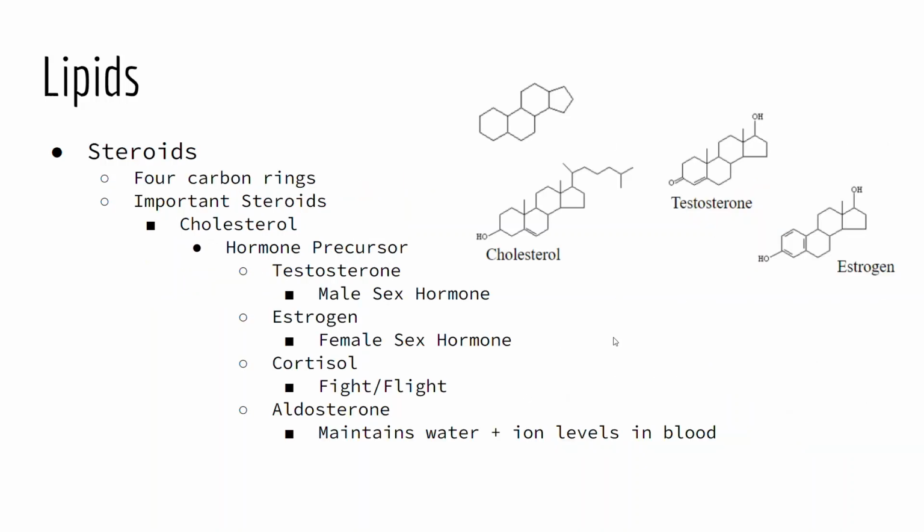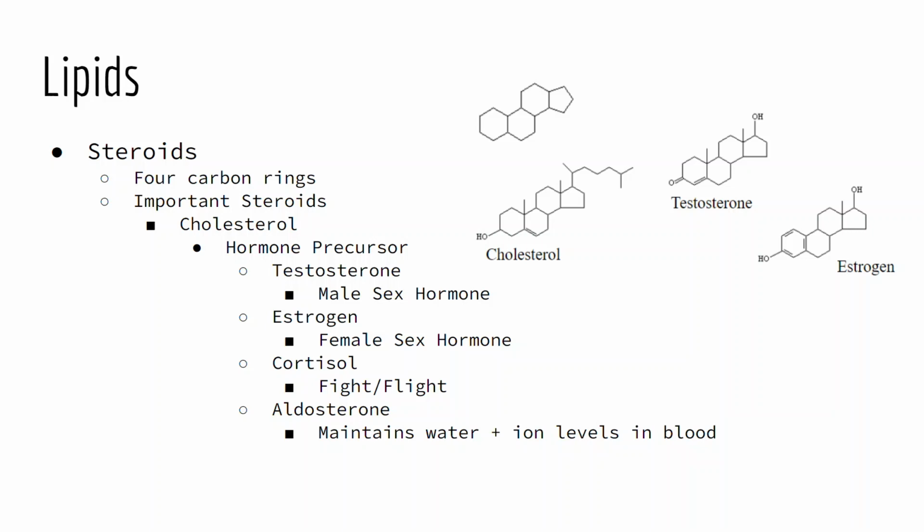Next, we have steroids. These are the hormone-like lipids. Steroids are made out of four carbon rings, and some important steroids include cholesterol.